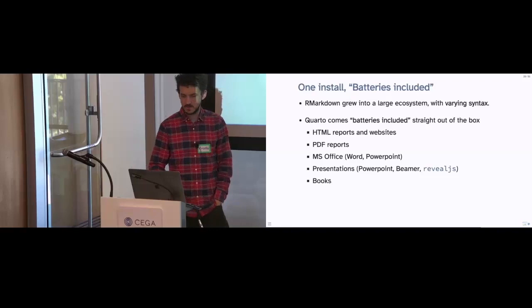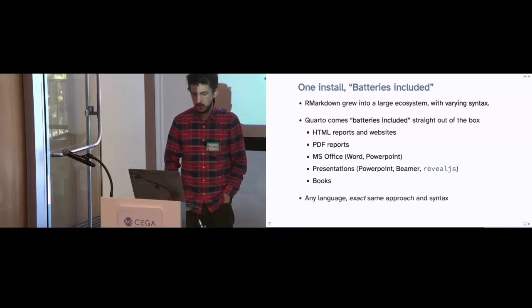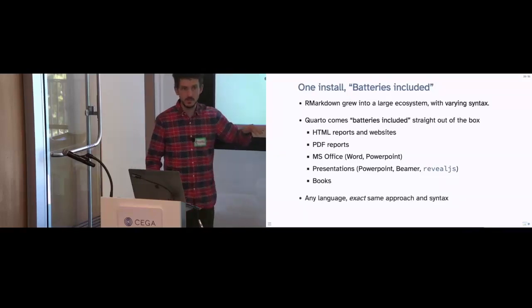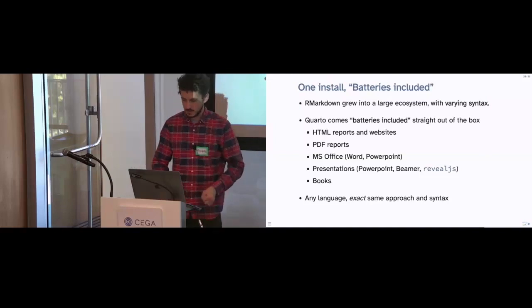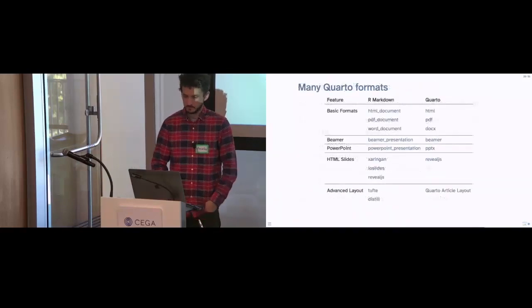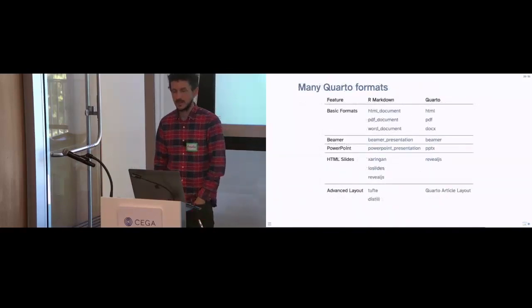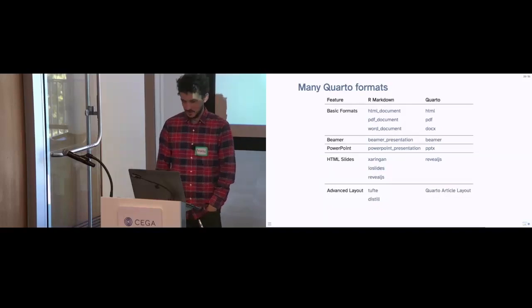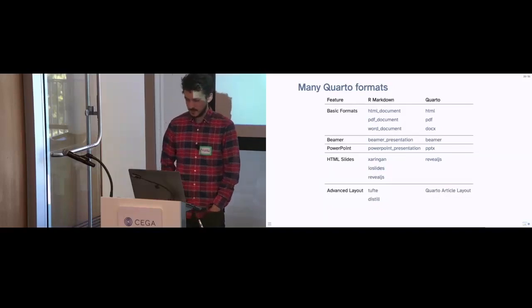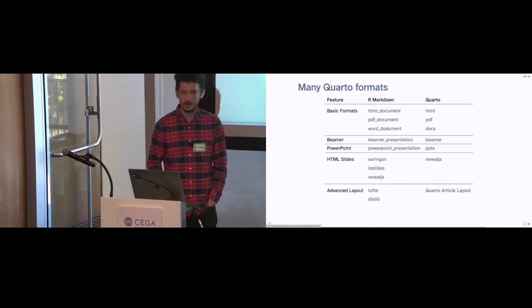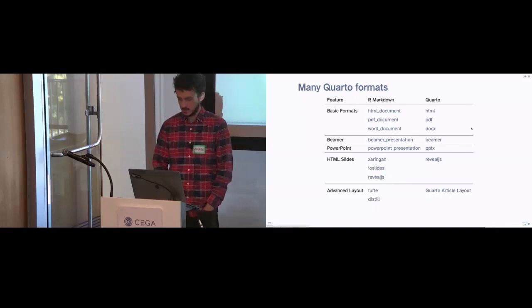Should look into that. And this is all regardless of the language you're using, so same thing for Python or R. There are many, many, many output formats. These are all links in these slides, so if you want to read about them, you can click on the links in the slides.